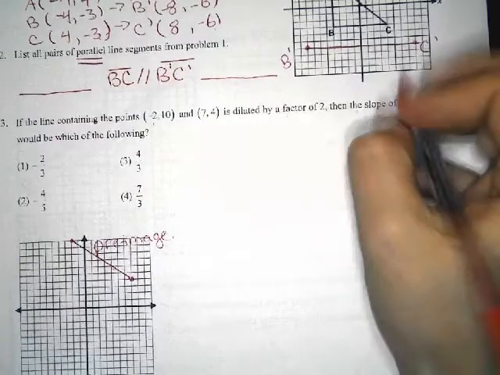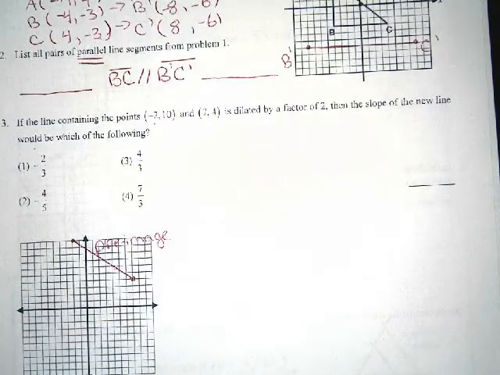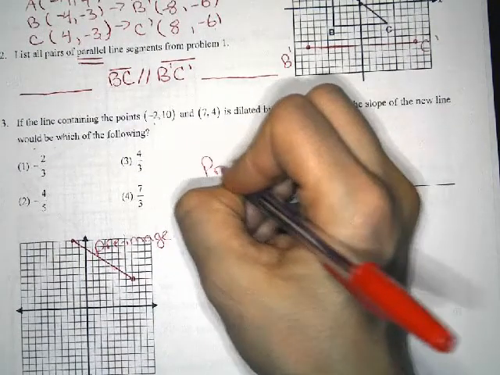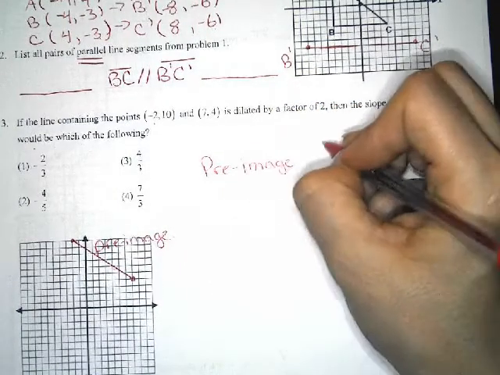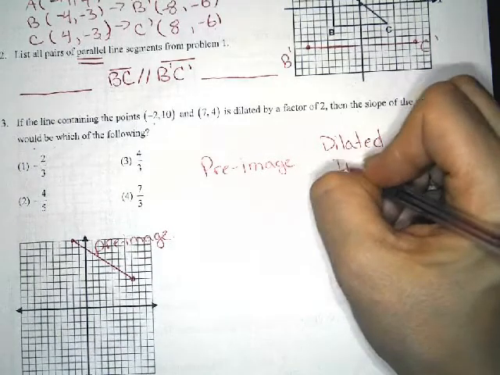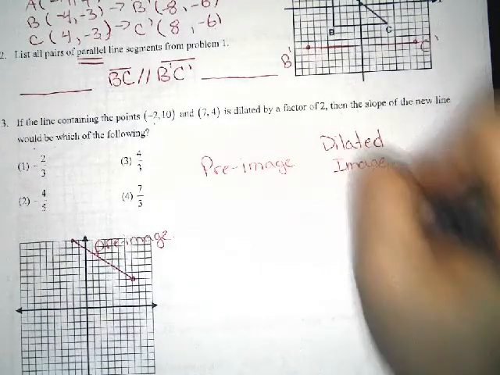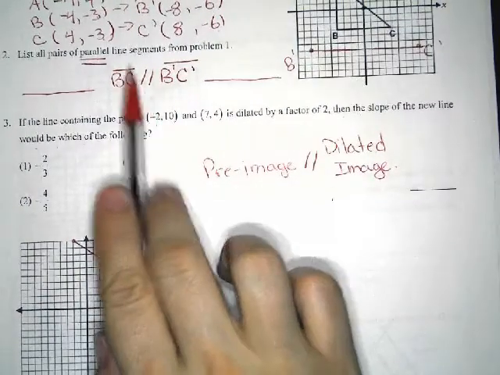Then the slope of the new line would be which of the following? We just learned that the pre-image and the dilated image should be parallel, and we saw that up here.